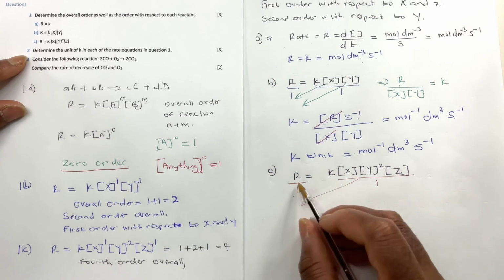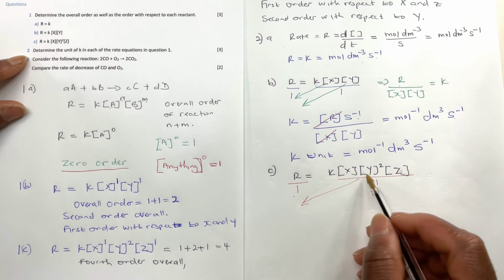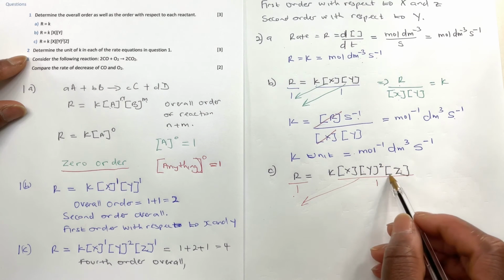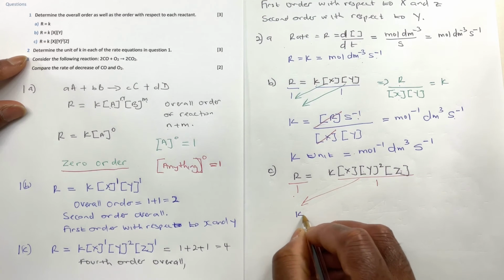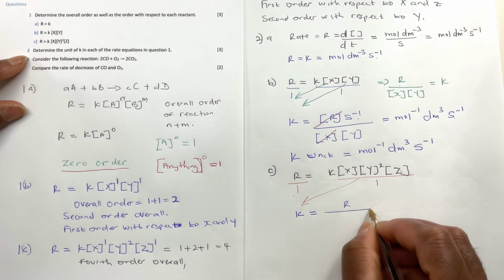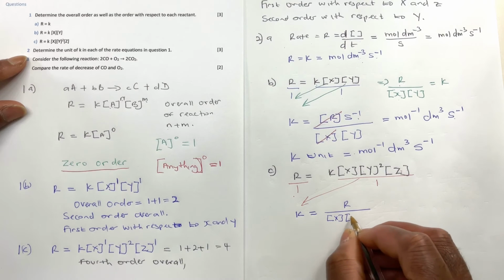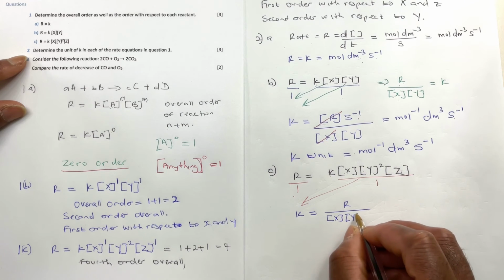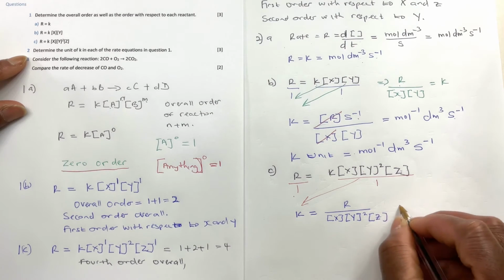Or divide both sides by the concentration of X, the concentration of Y squared, and the concentration of Z, then it will be the same thing. So you get K equals the rate over the concentration of X, Y concentration squared, and Z concentration.